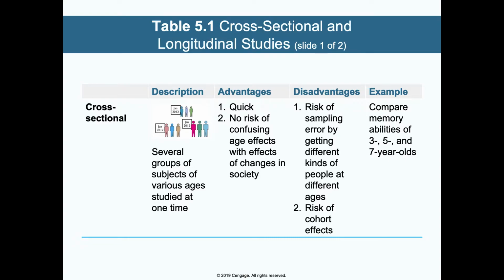Cohort effects are the effects that could happen because a cohort, or a group of people born at a particular time, experience different things from groups of people born at other times. So a cohort of individuals born in 1970 could be very different in the things they've experienced than a cohort born in 1980, because there's a 10-year age difference there. Okay, so that's one of the disadvantages of this.